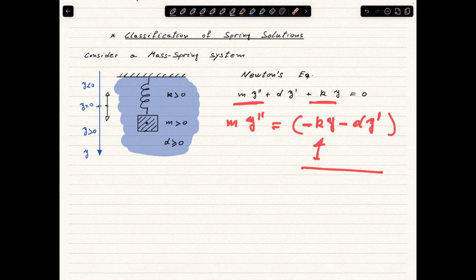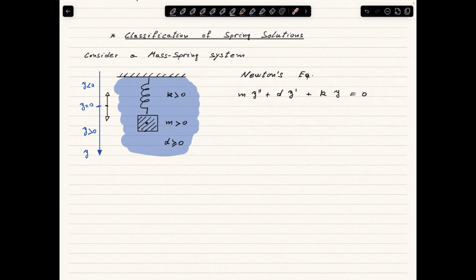We move these forces to the other side, and we obtain this expression for the equation of the mass spring system. Now we are going to rewrite this equation in a nicer way by dividing by m first. So we have y double prime plus d divided by m times y prime plus k divided by m times y equals 0.